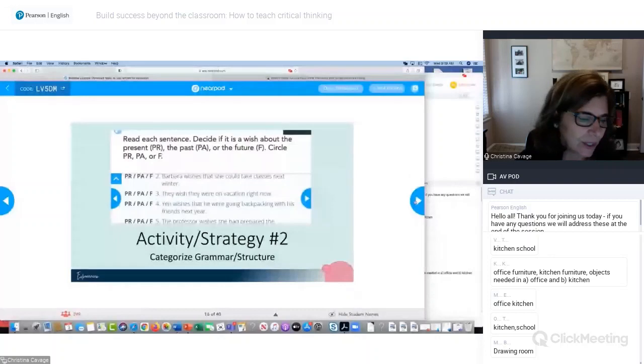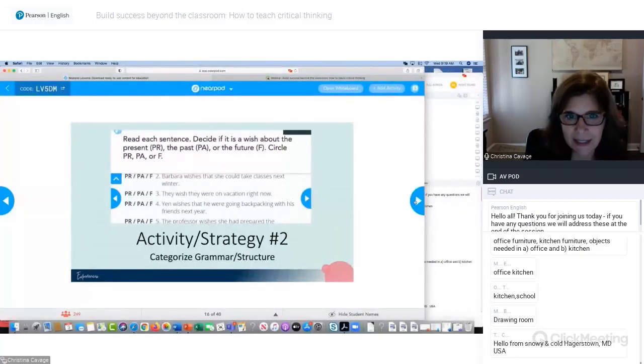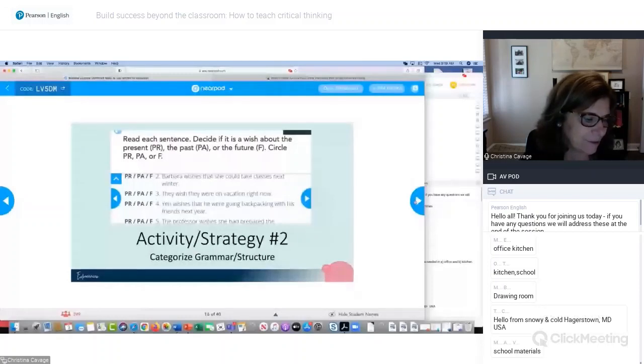Okay, you can also do it with grammar structure. So here's an example where students have to read the sentence and they have to decide if the wish is about the present, the past, or the future. Okay, so again, getting students to categorize and notice and identify.